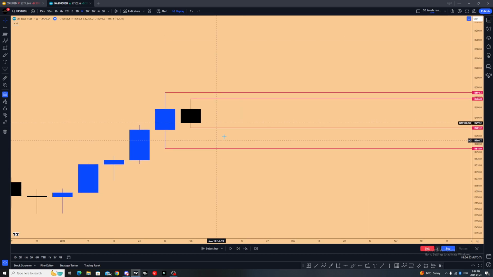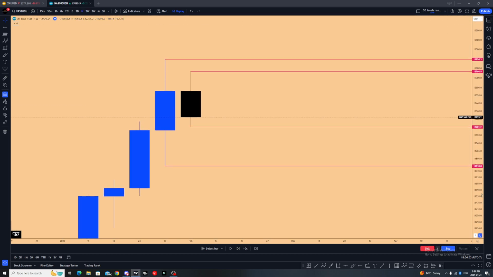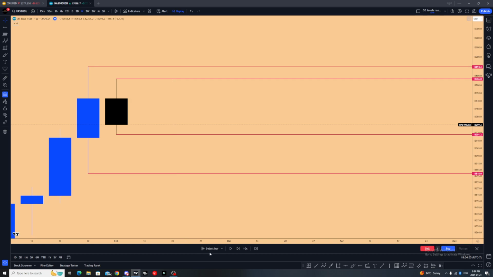Now, the way I would play it, I will wait for the market to actually go lower or go higher before I enter the market. There's no position if you're just looking at an inside weekly candle like this. Now, if you look at the inside 2-week candle, it hasn't actually closed. Remember, the next 2-week candle opens on 13th of February. So we're going to see what the coming week is going to do before we take a position in the market.